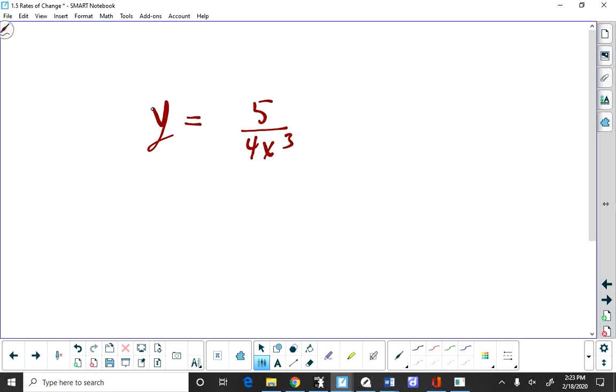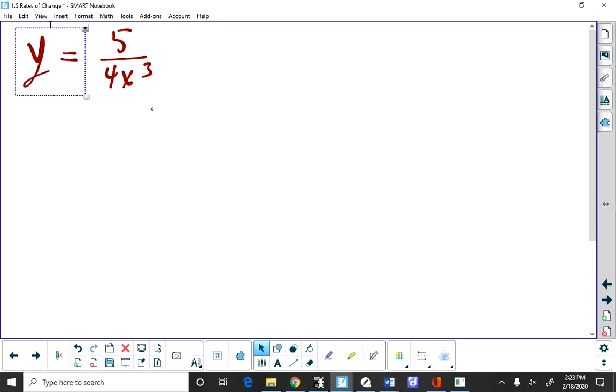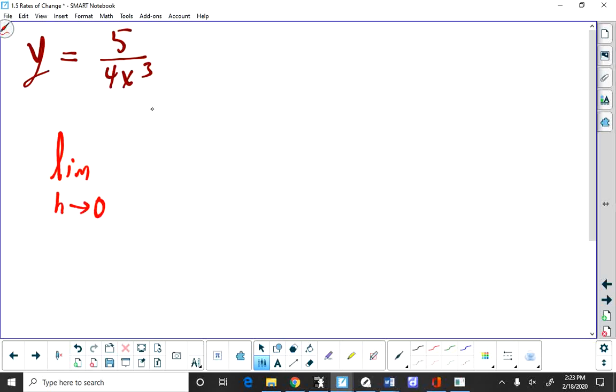Correct? Yeah. Okay. So we are going to have the limit as h approaches 0 of f of a plus h. I'll tell you, I'm not really looking forward to the prospect of multiplying a plus h times a plus h times a plus h.